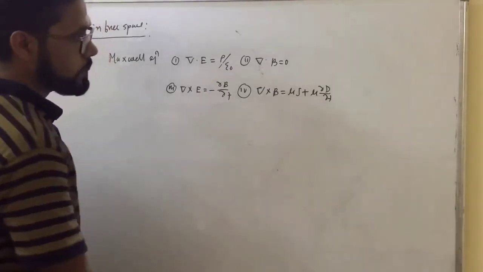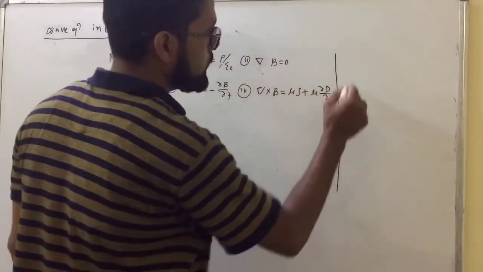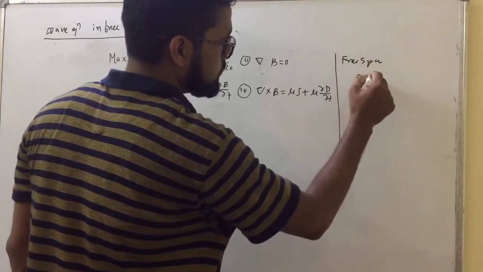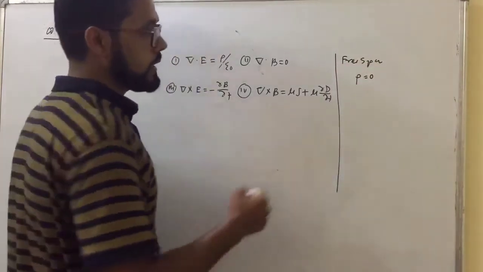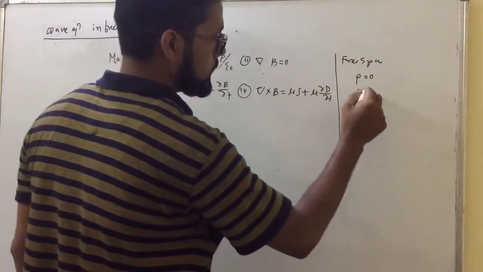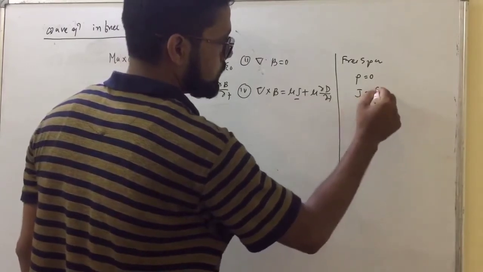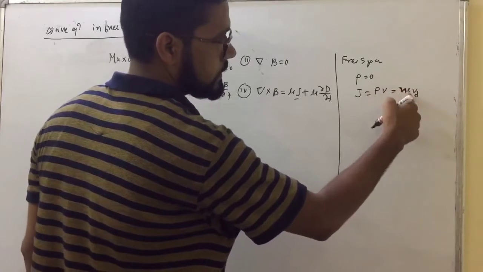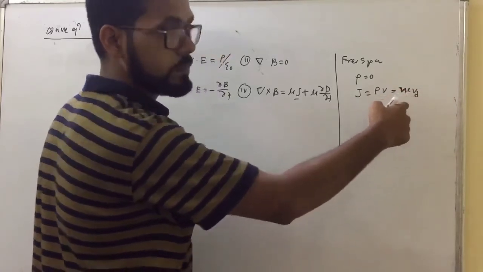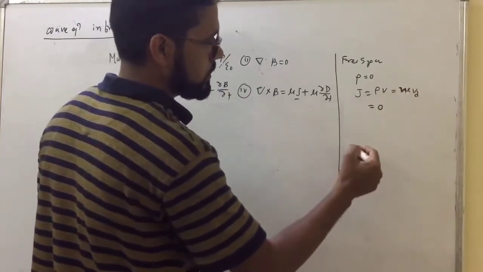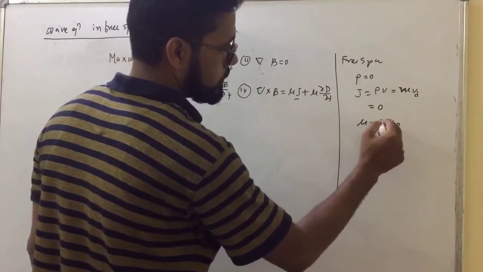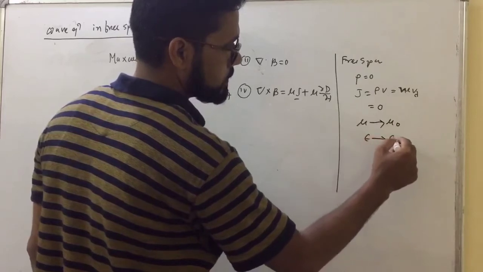But in the case of free space, what happens? In free space, rho is equal to 0. Number two, J equal to rho v, or n q v_d, where q is the charge, n is the density, and v_d is the drift velocity, is equal to 0. And mu equals mu naught, epsilon tends to epsilon naught.